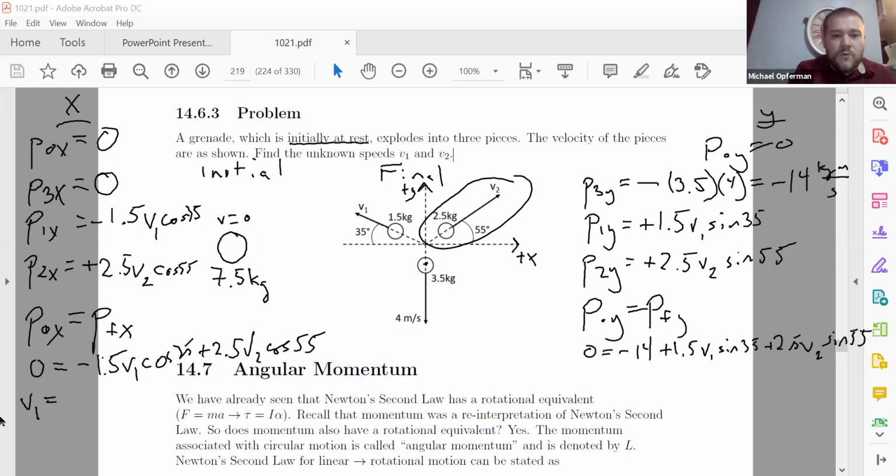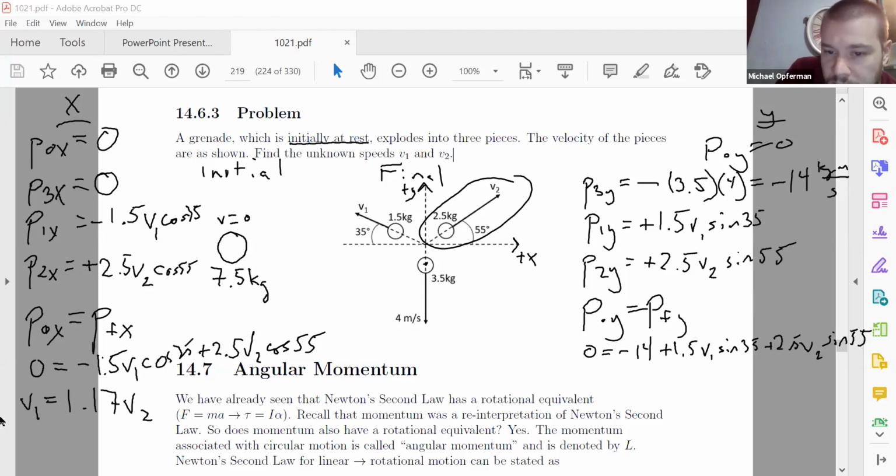So if I solved for v1, I would have v2 times 2.5 times cosine of 55 divided by 1.5 divided by cosine of 35, and we'll get v1 is 1.17 times v2. So that's the final punchline of that equation. Then bring the result of that equation over to the y direction.